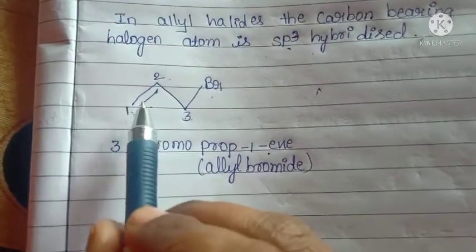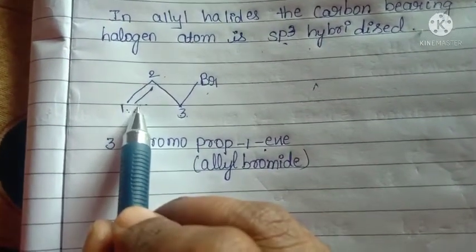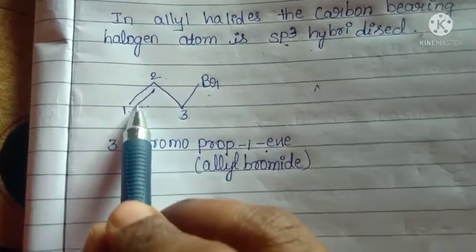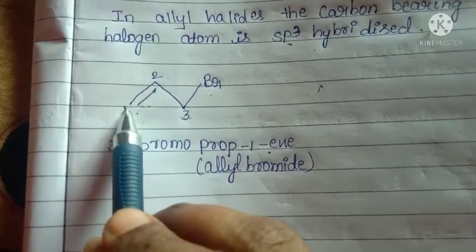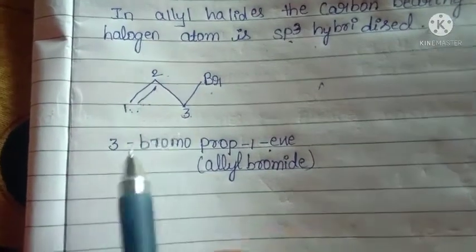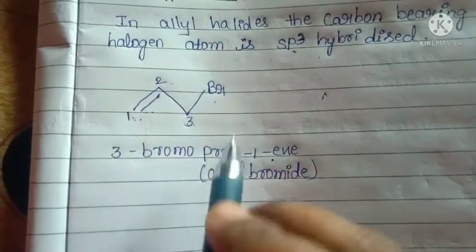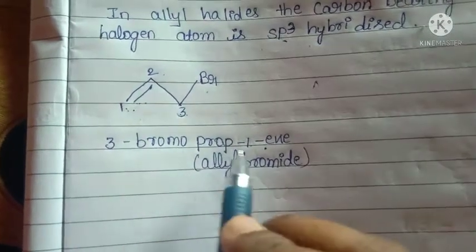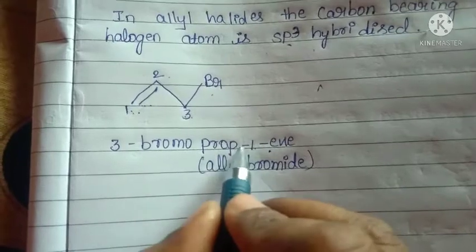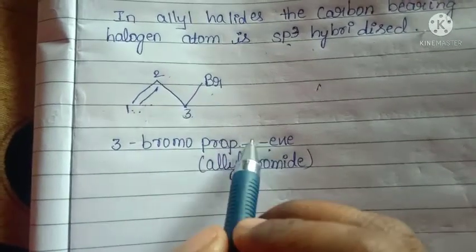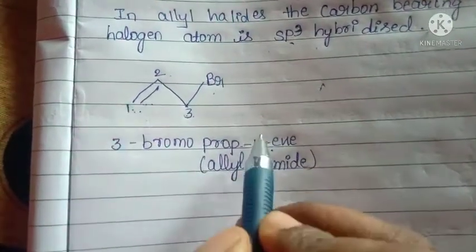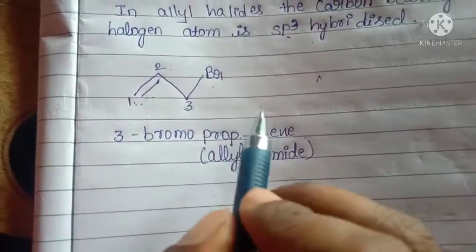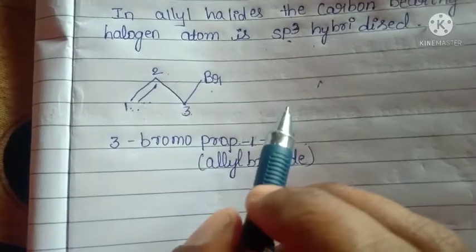If a double bond or triple bond containing compound is there, you have to give the least number for that double bond or triple bond. Here at position one we have a double bond, you have to write 3 bromo propene. 1 propene you can also write, but nowadays they are writing like this, prop 1 ene. If in case a triple bond is there, yne you have to write.